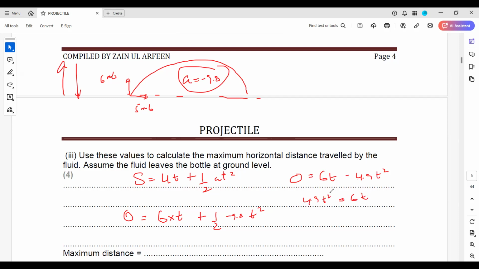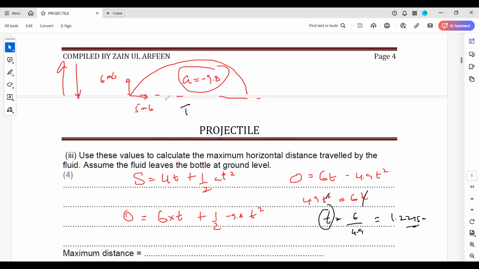Then the square will cancel with the t, so t will be 6 divided by 4.9. Again you should get the same answer for the time, which was 1.224 seconds.